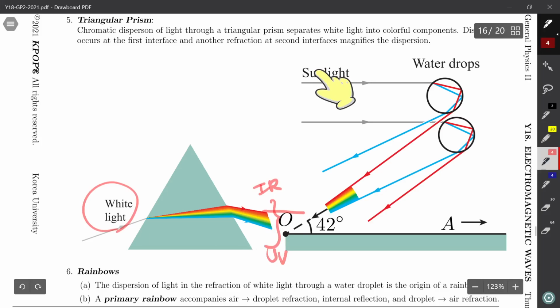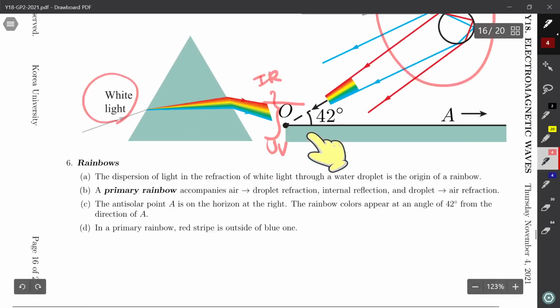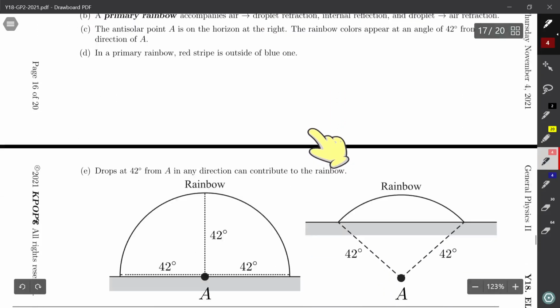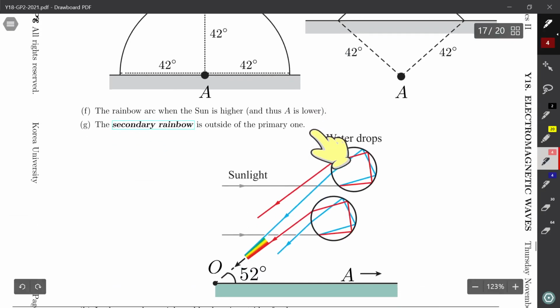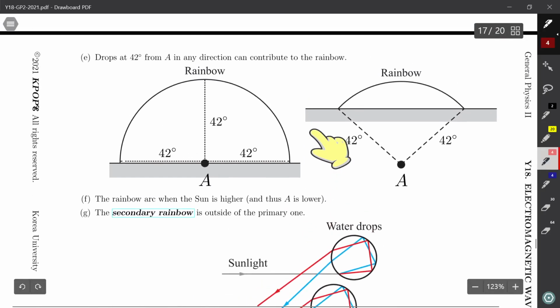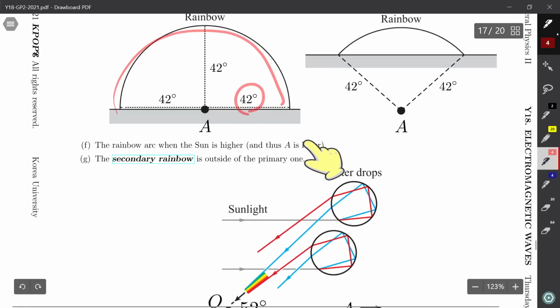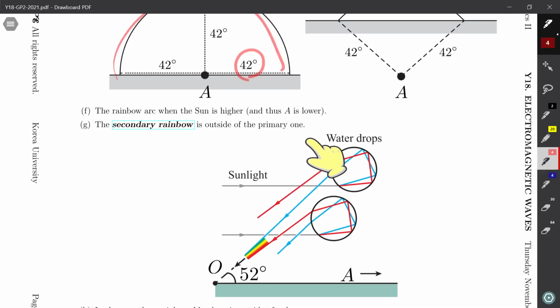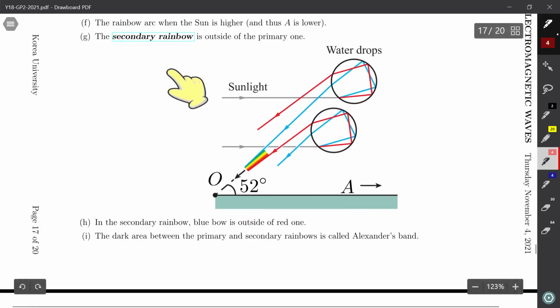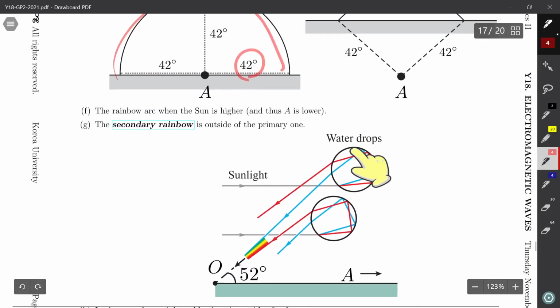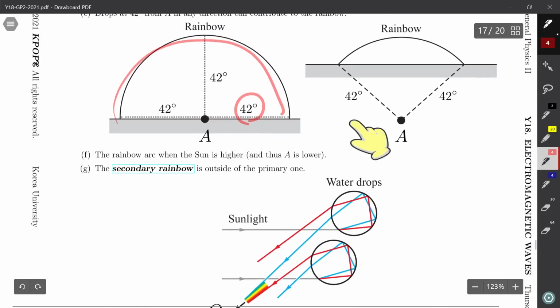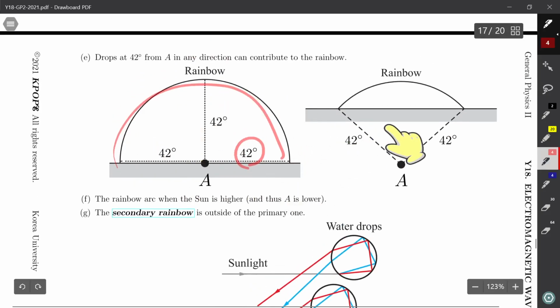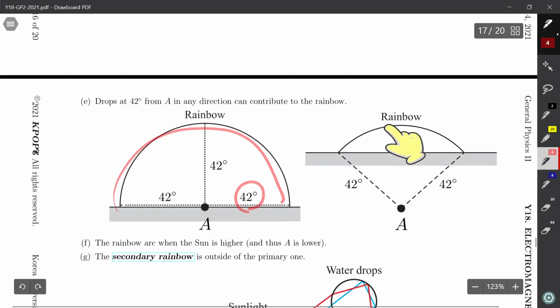Another application in nature is the rainbow. The spatial boundary condition can be considered to find out that the rainbow appears with an opening angle of 42 degrees. I hope you can follow this to find the primary rainbow at 42 degrees.